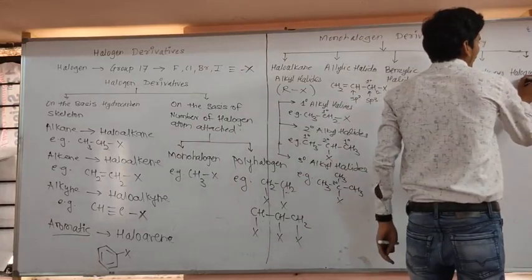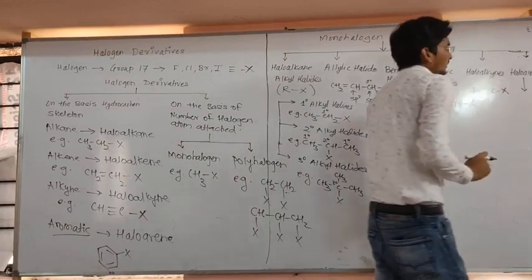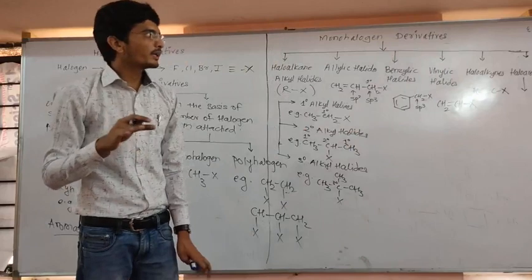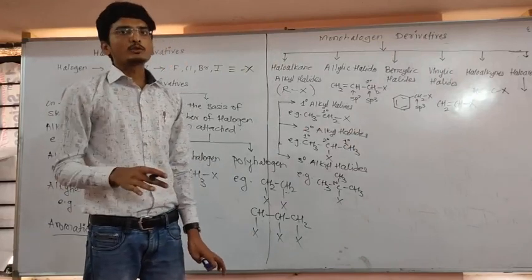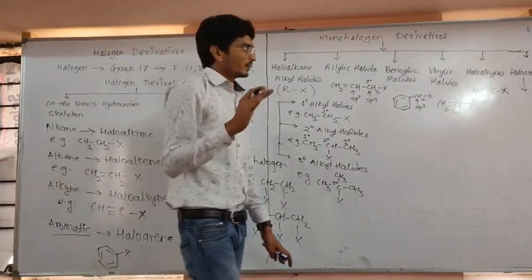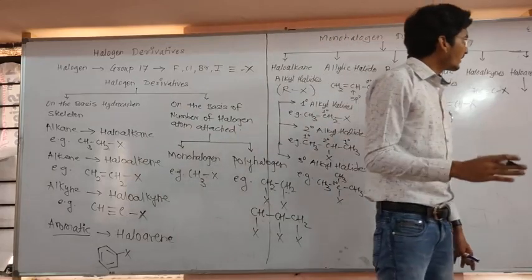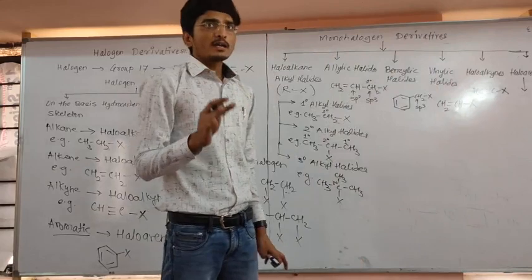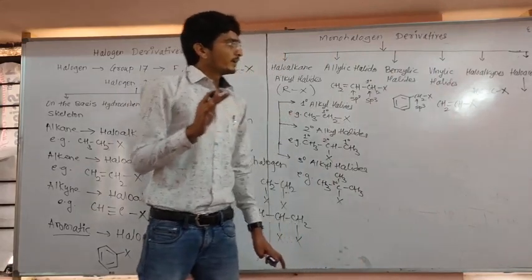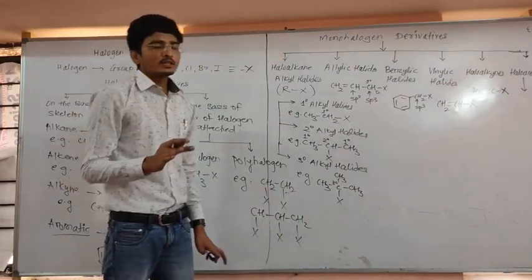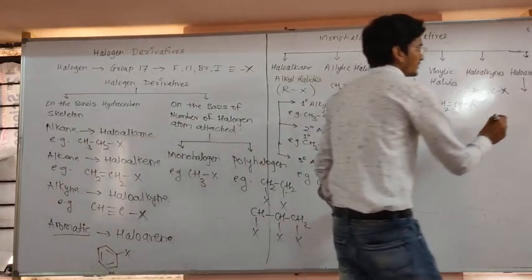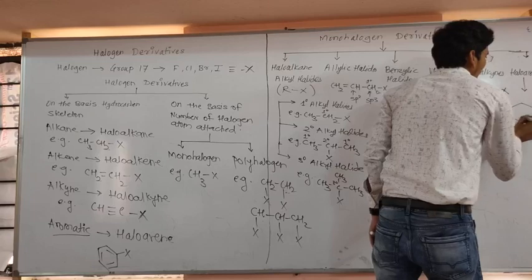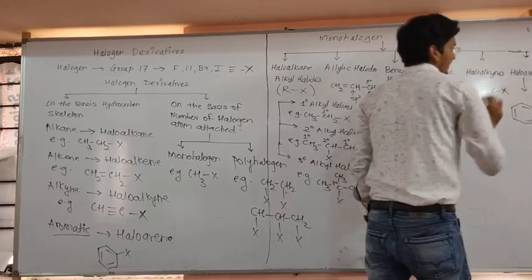So what are haloarenes? Haloarenes are nothing but when one hydrogen atom of an aromatic ring or aryl group is replaced by a halogen atom, then the resulting compound is called the haloarenes. Consider benzene having formula C6H6, with the structure like this.